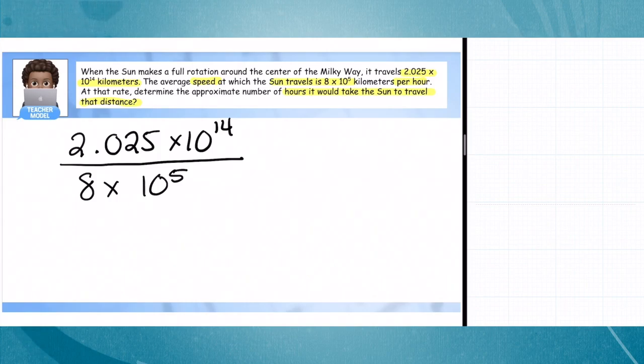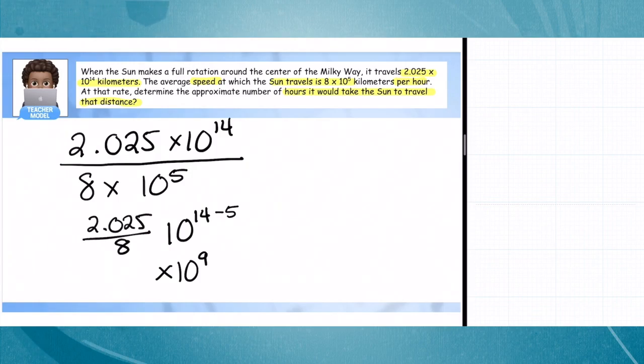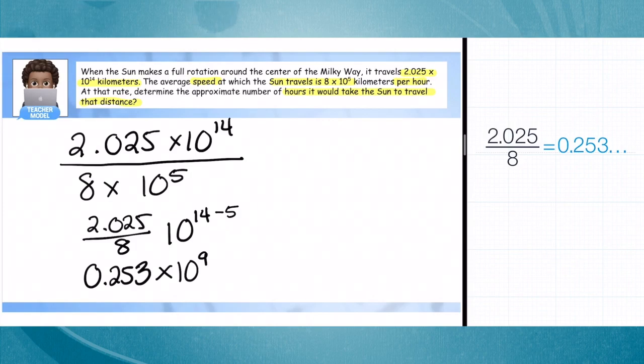Since we have our quotient rule here, for this part I'm just going to do 10 to the 14 minus 5 since I'm dividing, and that means I'm going to have 10 to the 9th power. And for the second part, I have 2.025 divided by 8. I'm going to use my calculator for that. And I get 0.253 times 10 to the 9th.